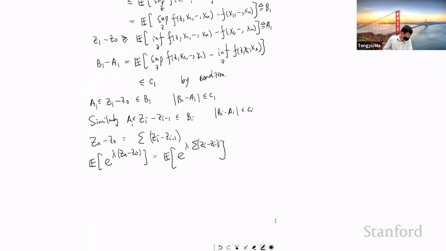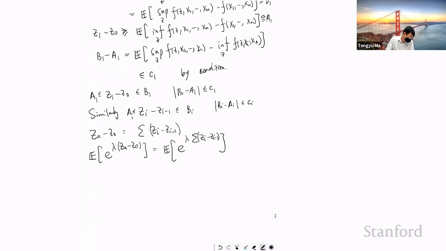So what you do is you take the expectation of e to the lambda times Zn minus Z0. This is the expectation of e to the lambda times the sum of Zi minus Zi minus 1. The first thing we have to do is factorize them in some way. How do we factorize them?